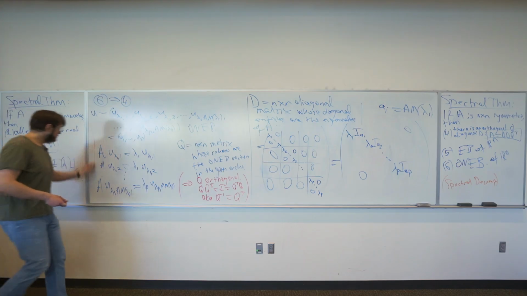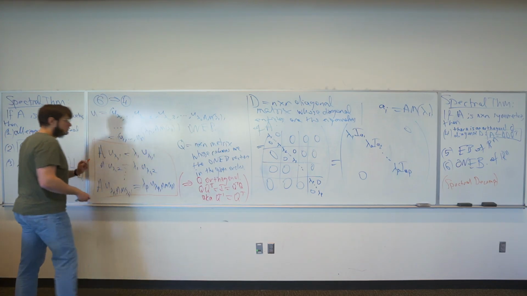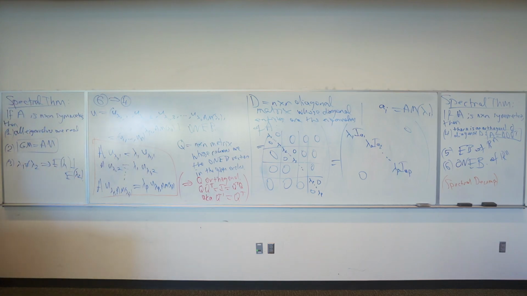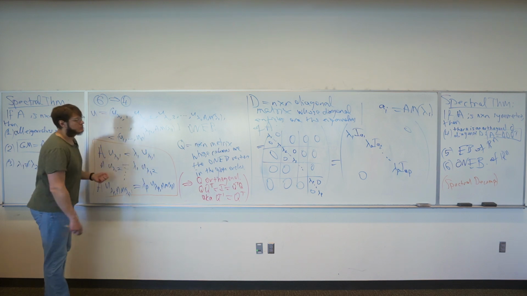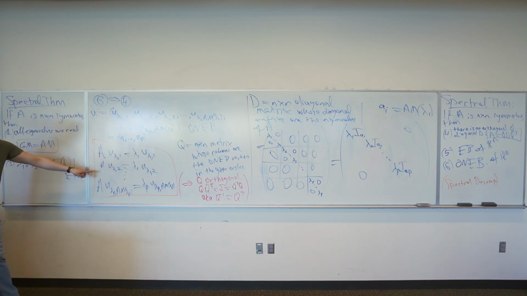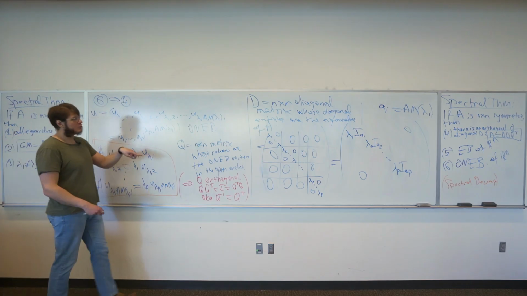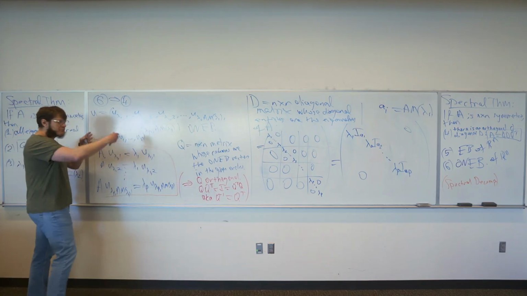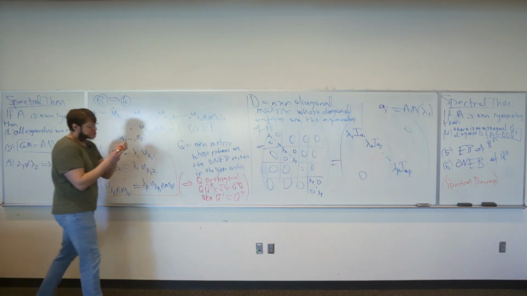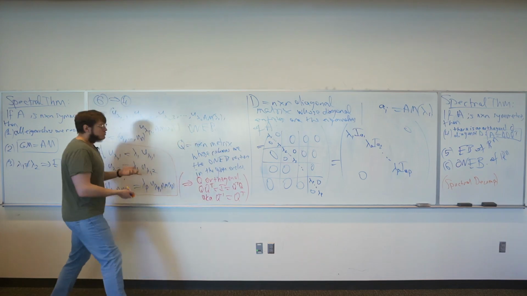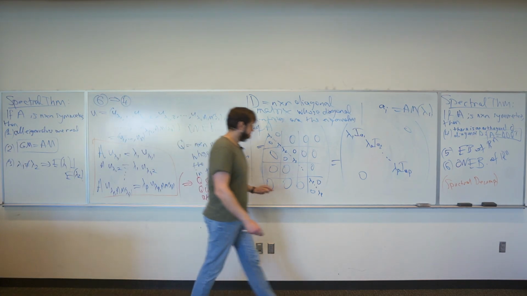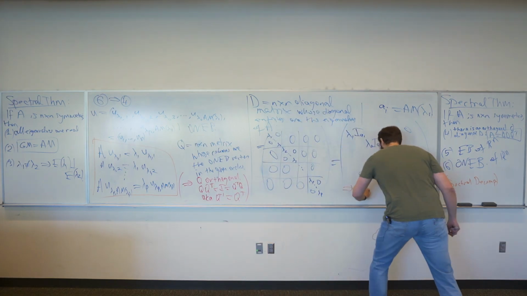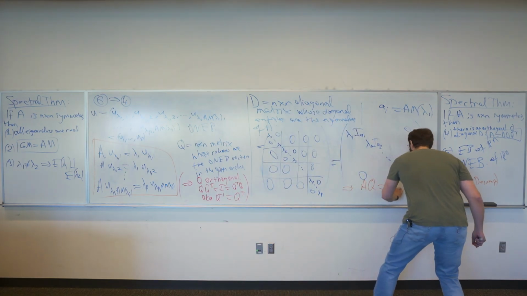Now, if you just look at these equations, you're literally writing down the columns of A times Q. Then you just realize that this is nothing but AQ, computed column by column. It just turns out that you have that decomposition. I'll write it here. AQ equals QD.